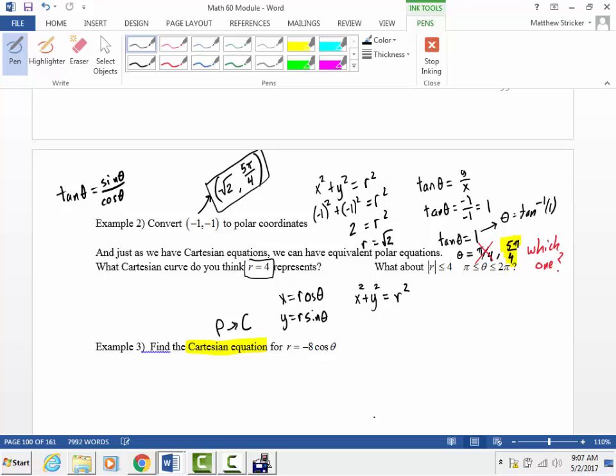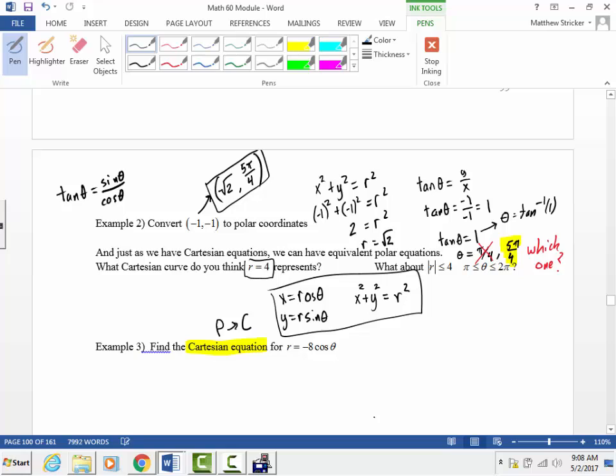We have cosine, but we're missing r. R's over here, but we need r over here. How could we get r over there? If we're going to use some of these formulas, we have to get parts of this equation to look like some of these.